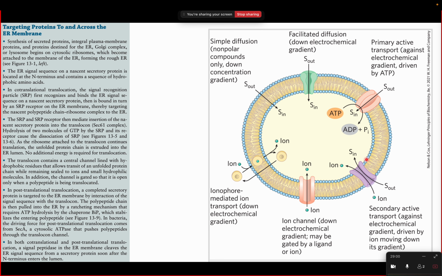Okay. Then we have ion channels. Ion channels basically transport ions across the membrane along the concentration gradient. We have ionophores also.